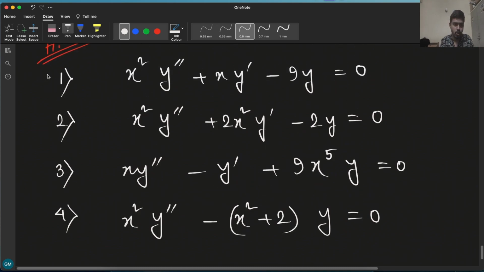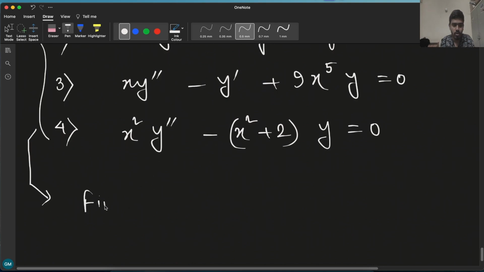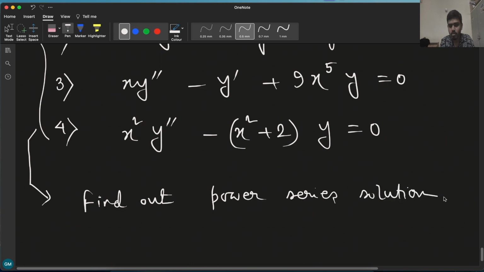Okay, so for all of these differential equations, we are asked to find out a power series solution at x equals to 0 if it exists at all.